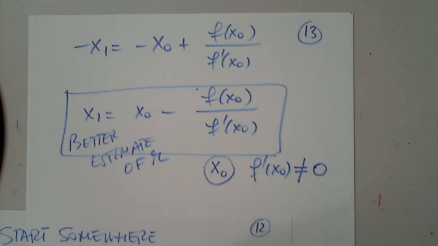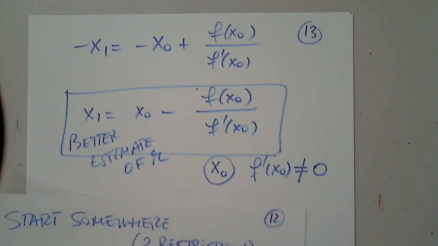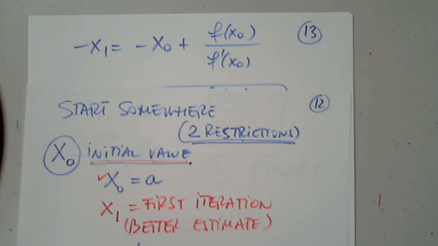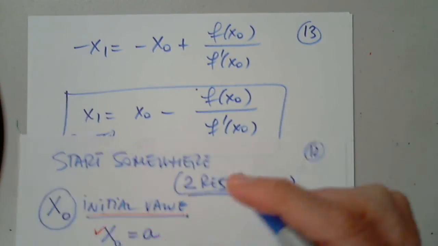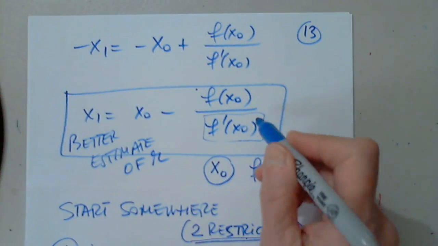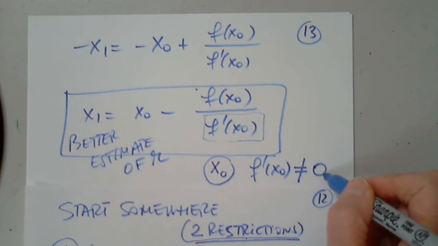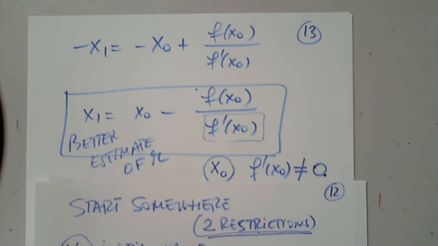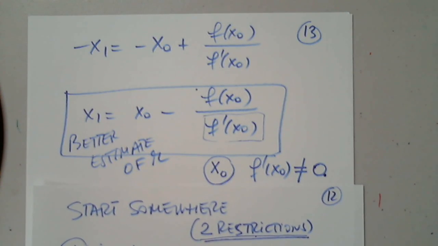So that's my first restriction. I have to be very careful. I cannot just simply, hey, let's choose 1500. No. I have to make sure that f prime of this number I start with is not 0. That's the first restriction, very important one. Is that clear so far?